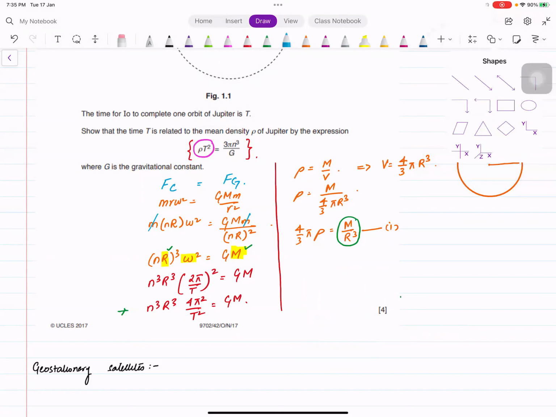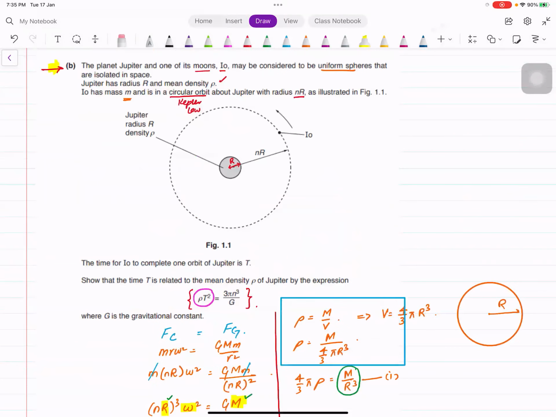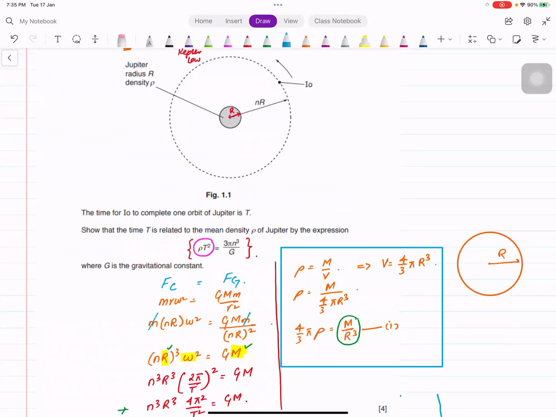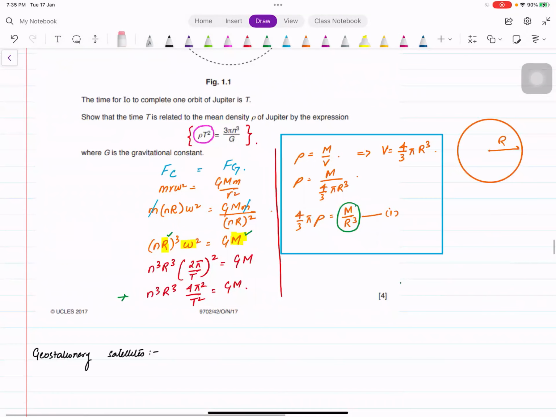Okay, let's see this. You do understand what I've done with the density, right? That part I do get, yes. If I say I want you to make m over r cubed the subject of this equation, how would you do that?